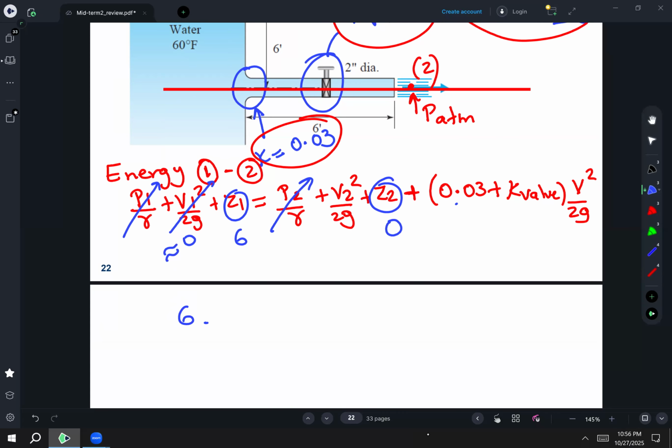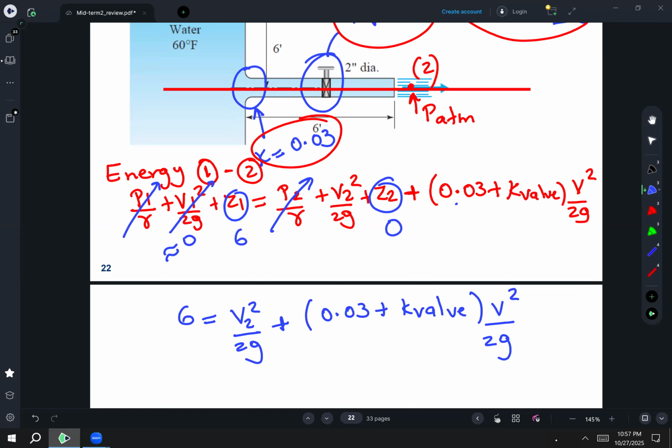That will be equal to velocity in 2 squared divided by 2 times gravity, plus we have 0.03 plus k valve times the velocity squared over 2g. So velocity is the velocity in the pipe, and velocity in 2 will be equal to the velocity in the pipe because there is no contraction at the outlet.